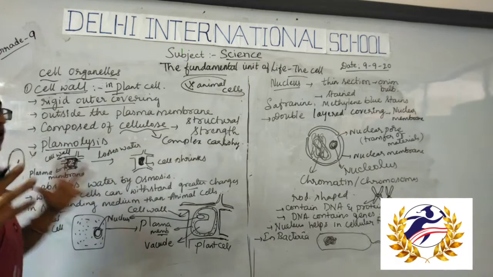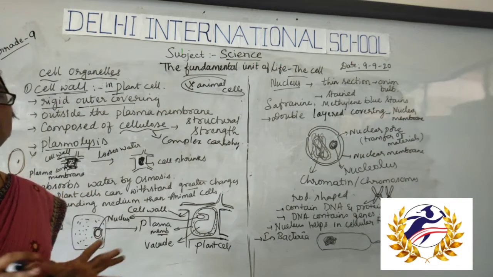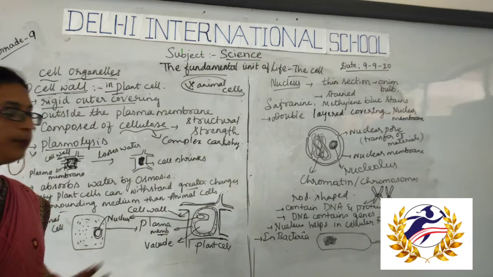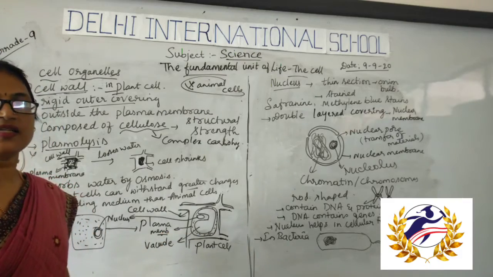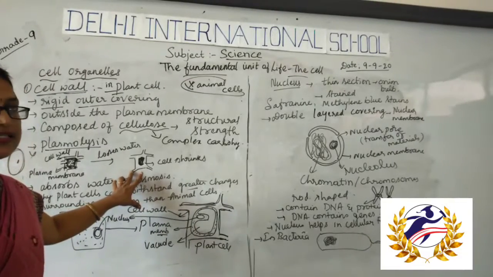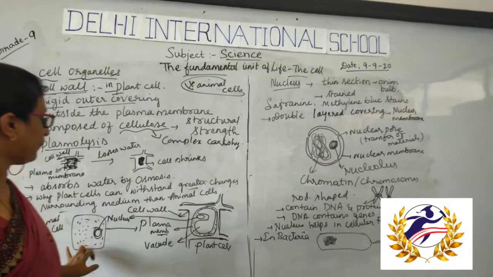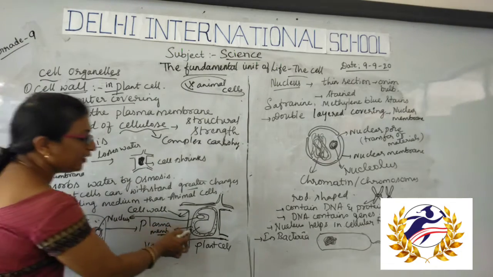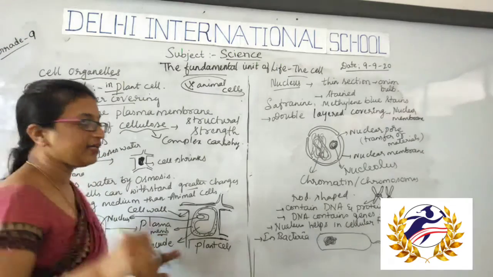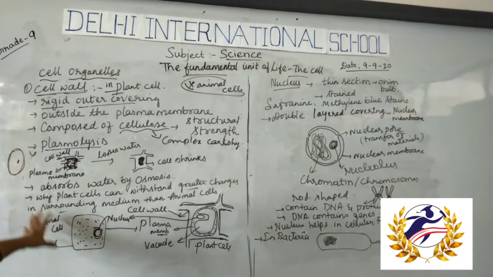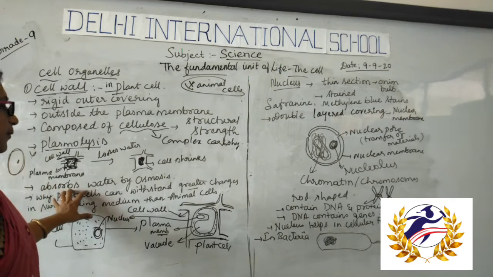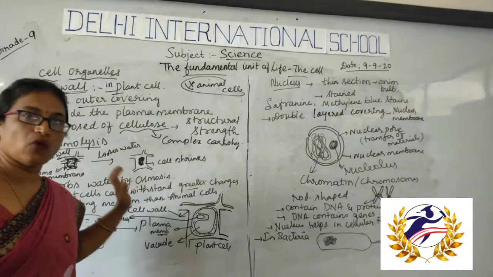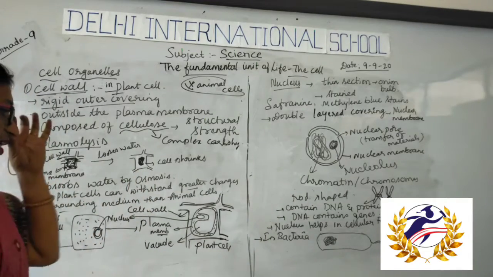This makes the cell rigid and it does not normally lose its contents. But the animal cell loses its contents because it does not contain any cell wall, only the plasma membrane. This is the structure of an animal cell without a cell wall, and this is the structure of a plant cell, which contains a cell wall.